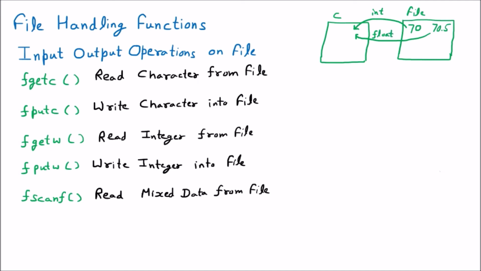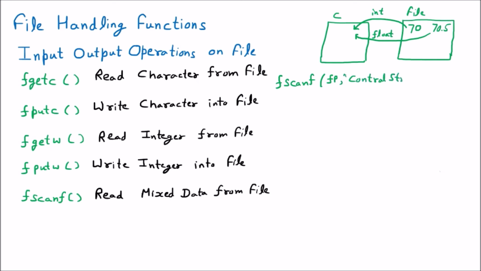For such thing we need the fscanf function. So if I talk about the fscanf function, there is a syntax, and syntax of fscanf function says that we will write fscanf. In the bracket we are going to pass the file pointer. Then we will say control string.